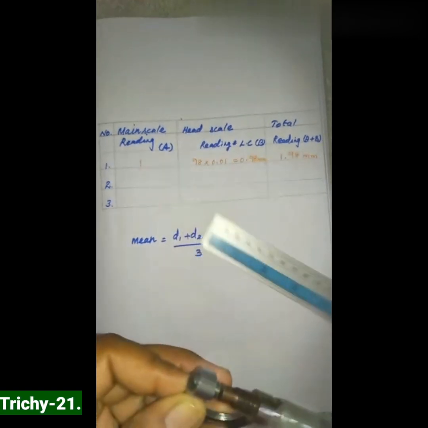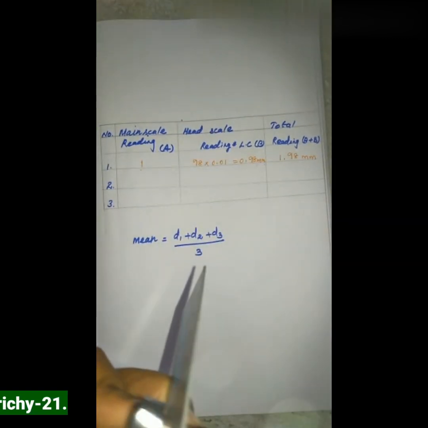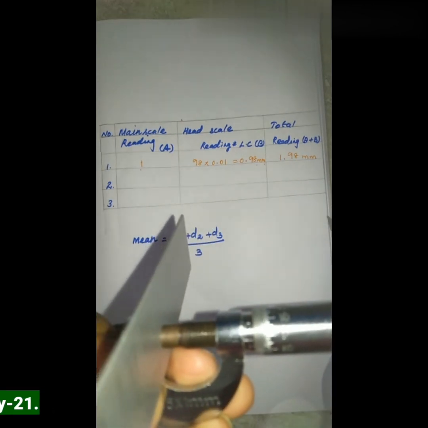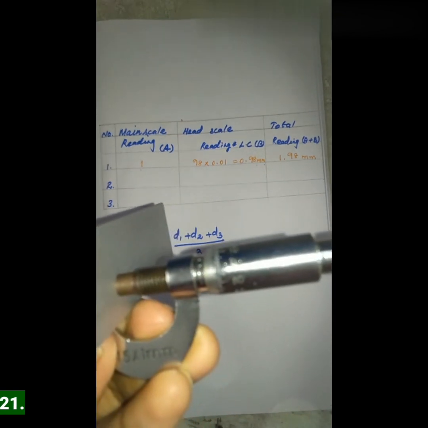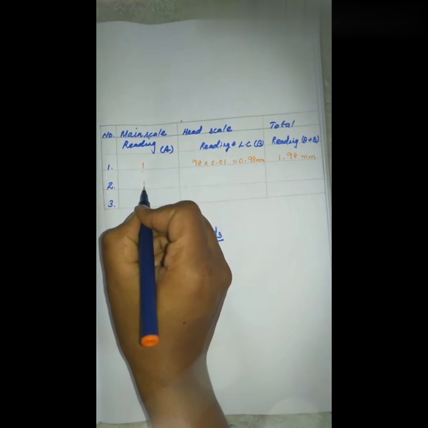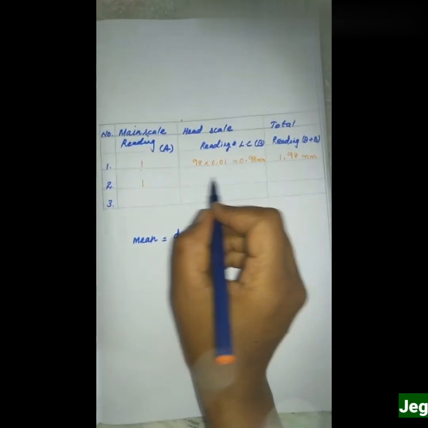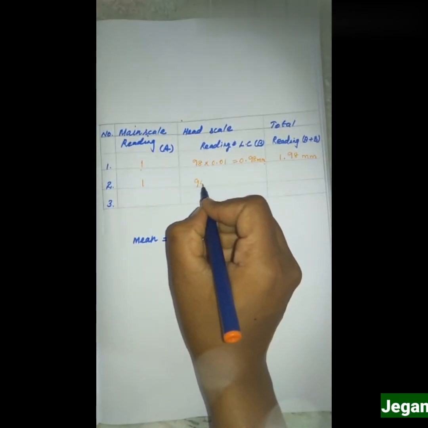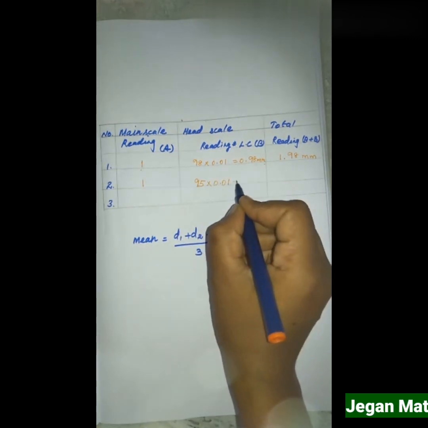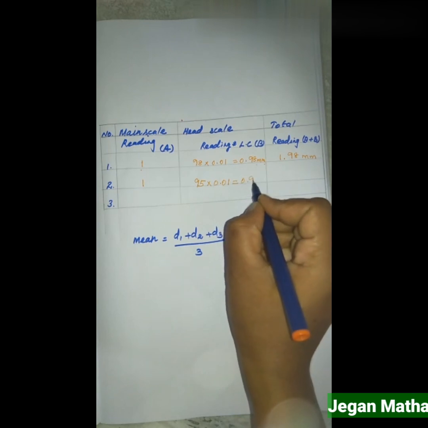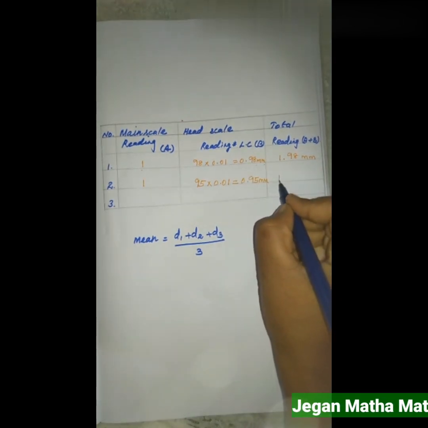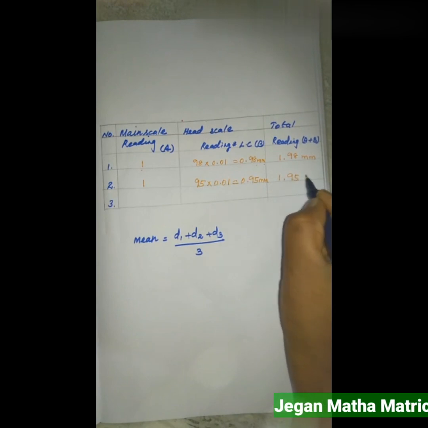The main scale reading is 1 and the head scale reading is 95 into 0.01, equal to 0.95 millimeter. So total reading is equal to 1.95 millimeter.